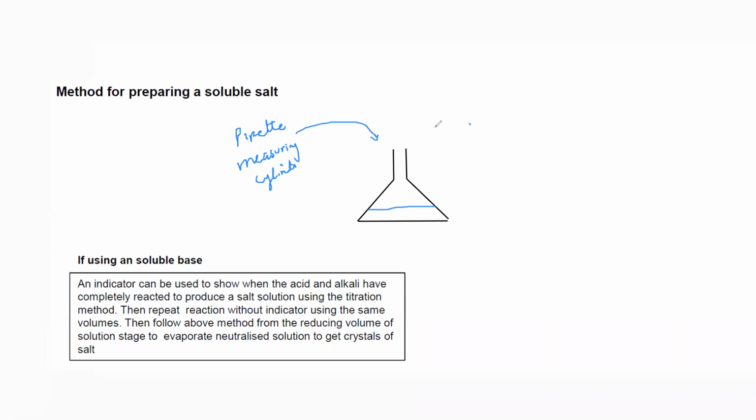So the second thing, we will add a few drops of indicator. Not too much, only drops of indicator. Different indicators have different colors in acidic and alkaline medium. You have to learn the color of the indicator. For example, phenolphthalein is colorless in acidic medium, but in alkaline it will turn pink.